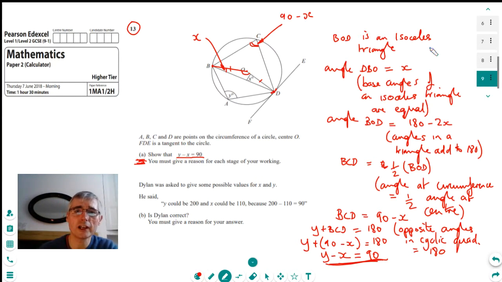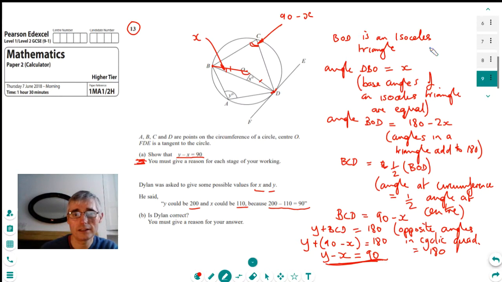We're given a second part to this question, which says that Dylan was asked to give some possible values for x and y. So he says that y could be 200 and x could be 110, because that does fit the rule that we've just said. 200 minus 110 is equal to 90. Now, is he right?